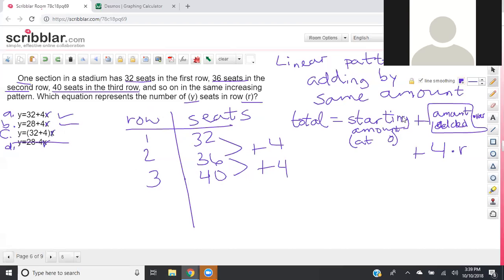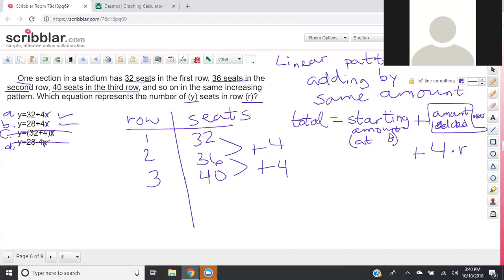Right. So in our linear pattern, there are no parentheses. I didn't say parentheses, starting amount, parenthesis, then variable, and it actually makes a difference. So then C is not it either. So it's either A or B. Okay, well, let's see.